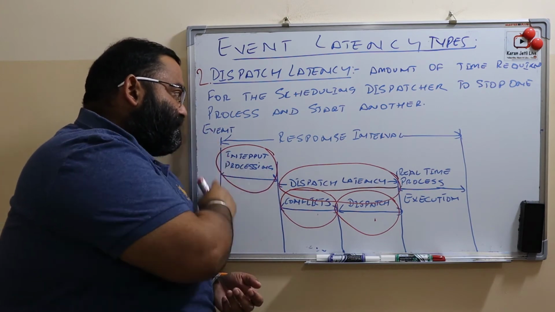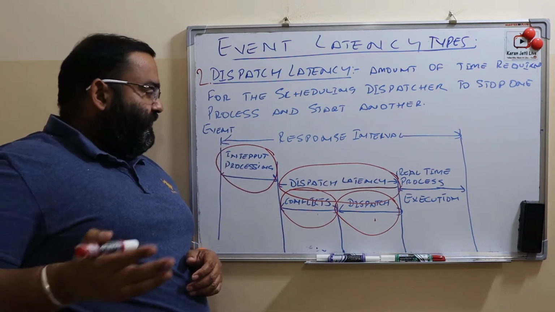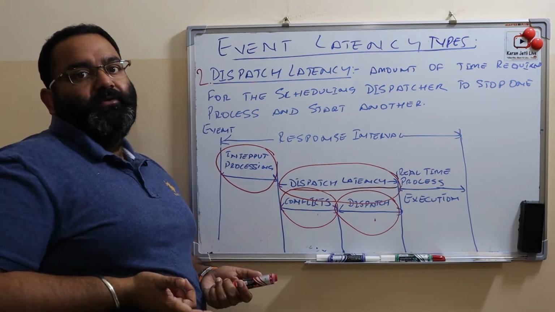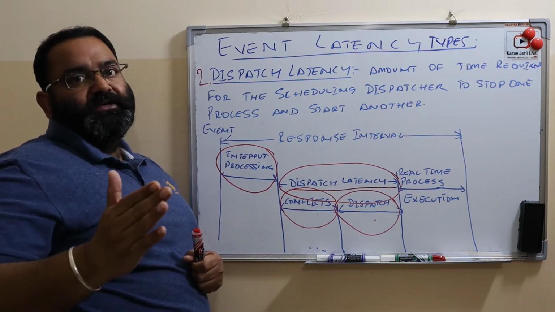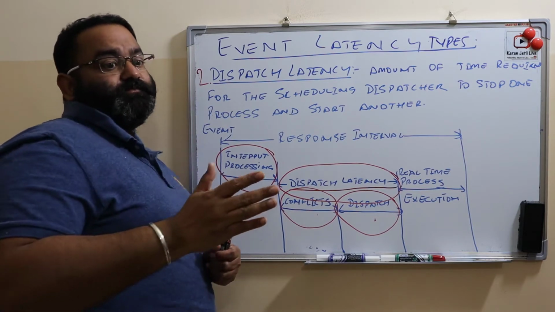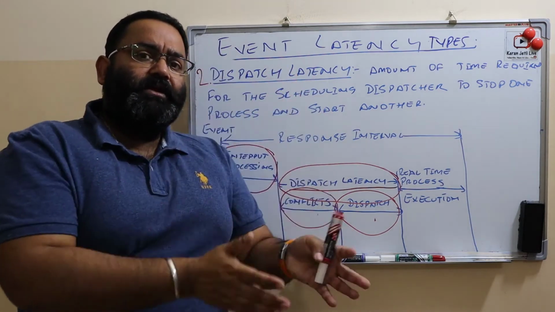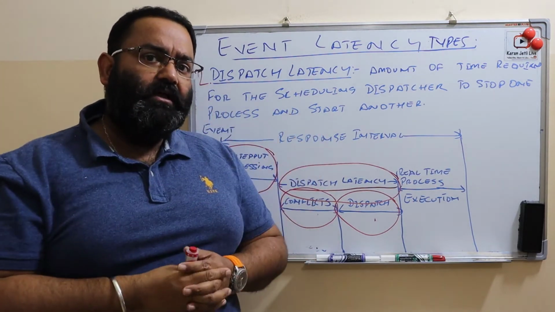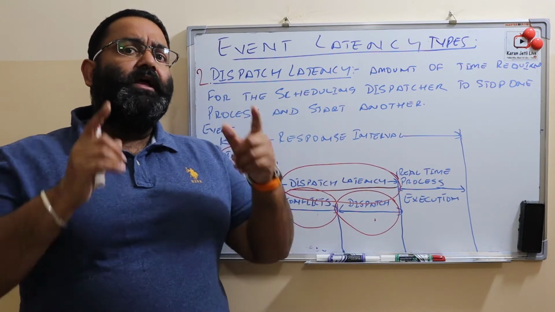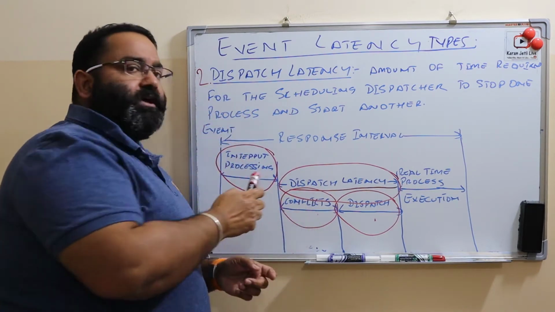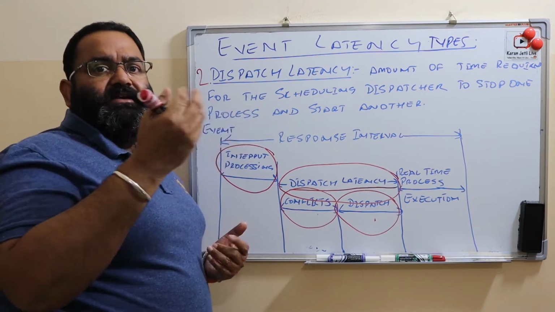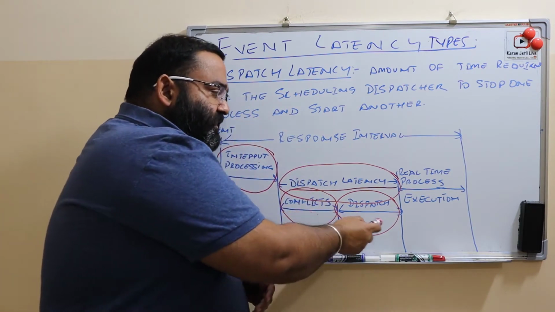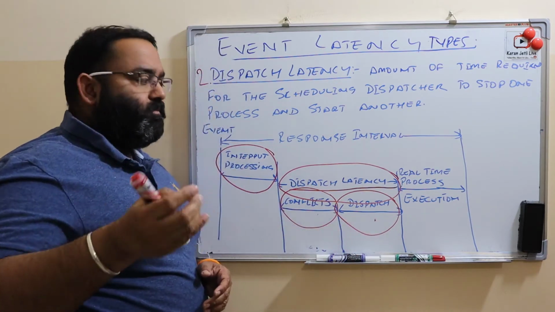So what happens? A process is running, a CPU interrupt comes, and the CPU takes some time to determine what type of interrupt it is. After it determines the interrupt, it must switch from the present process to the real-time process which has sent the interrupt. To do that, it must save the state of the present process and take back all the resources issued to it. After that it dispatches the new process.